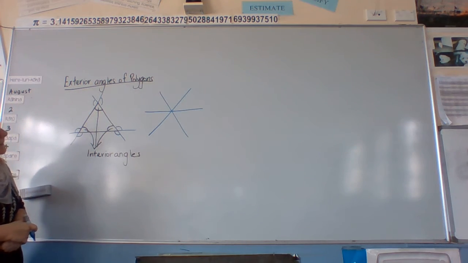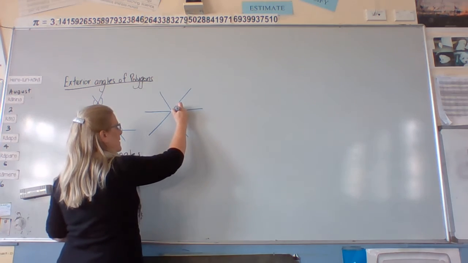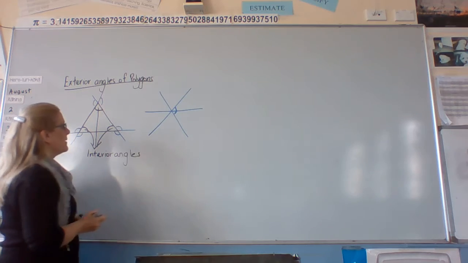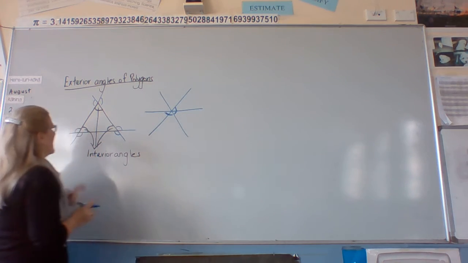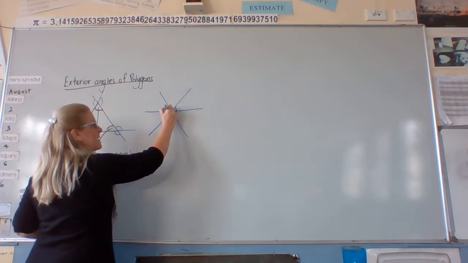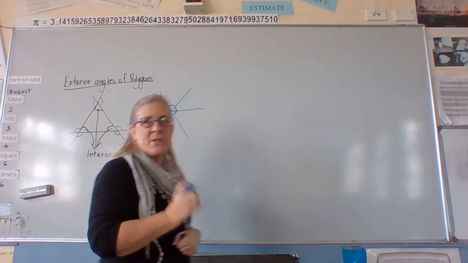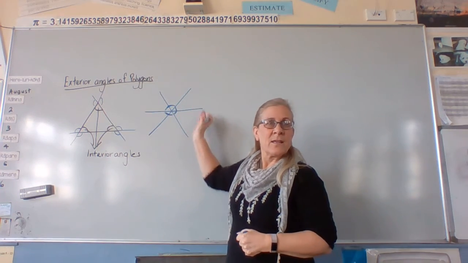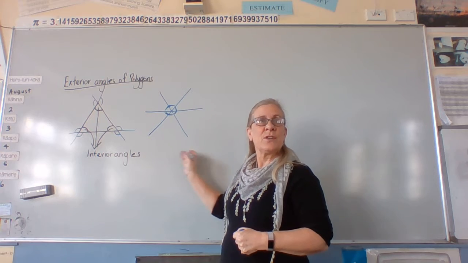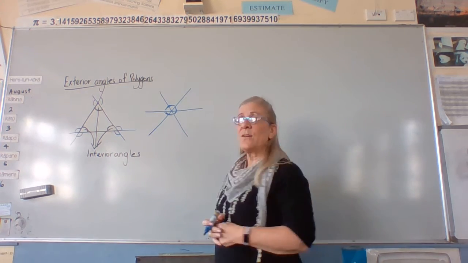Where this angle here is actually this one. This angle here is this one. And this angle here is this one. So one from each corner. We're only interested in one from each corner. But what do they end up being? Together they add to 360 because they end up being angles at a point.